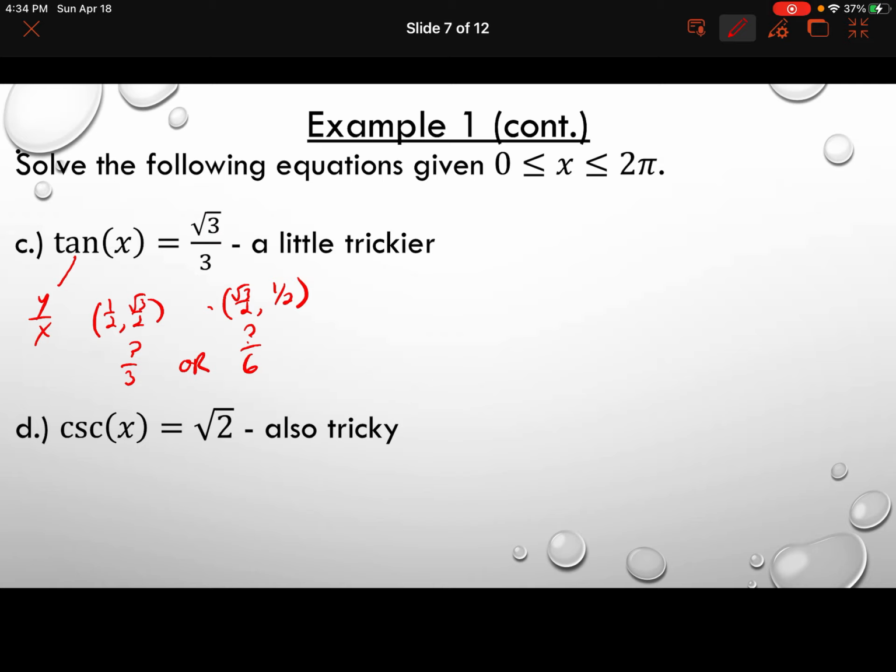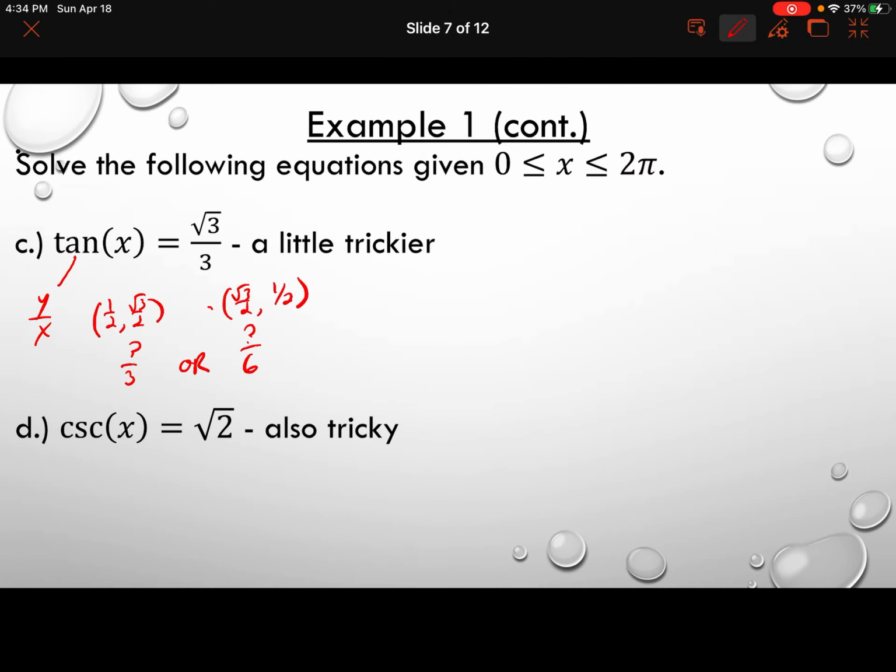For example, pi over 3, 2 pi over 3, 4 pi over 3, 5 pi over 3, or pi over 6, 5 pi over 6, 7 pi over 6, 11 pi over 6. Those are the ones you're going to be looking at.